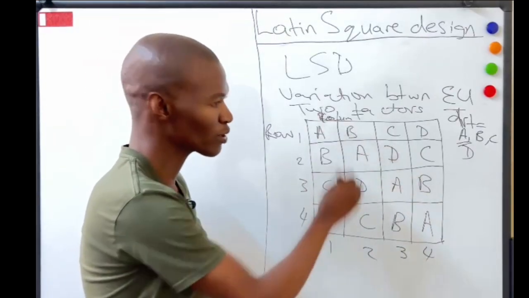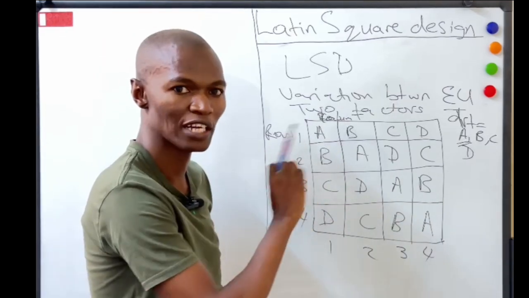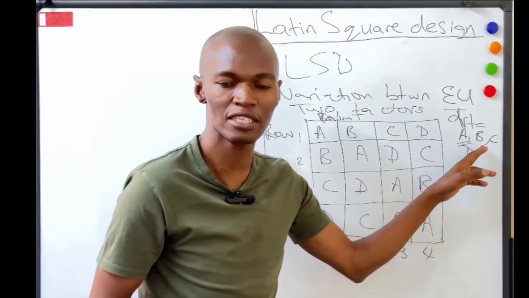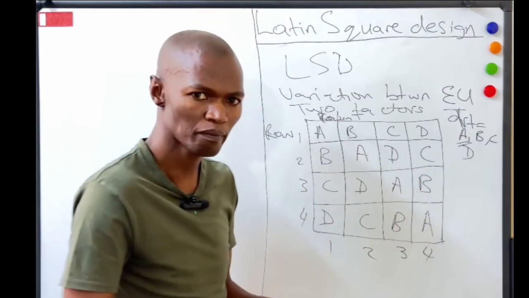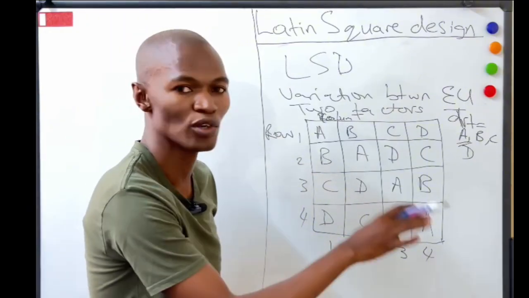So now you have to divide your plot into two. You divide your plot into rows and into columns. And when you apply the treatments on those plots, you have to make sure that you apply them randomly.